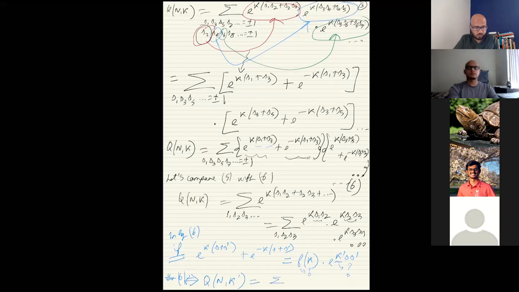summation S1, S3, S5, e to the power k prime S1 S3, e to the power k prime S3 S5, e to the power k prime S5 S7.